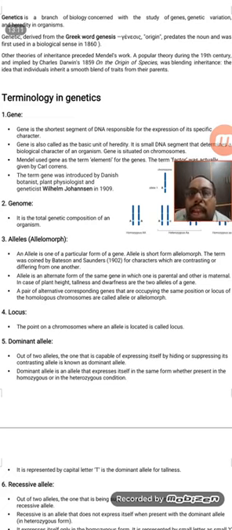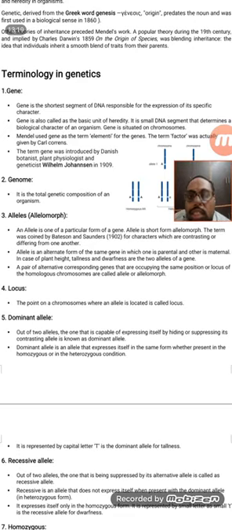Mendel called these genes elements, and Carl Correns called them factors. After that, in 1909, the gene was introduced into the system of biology, and the term gene was given by Wilhelm Johannsen in 1909.